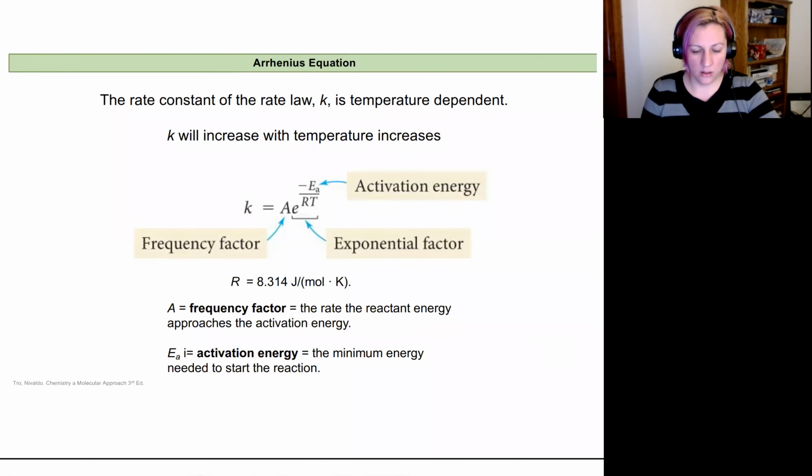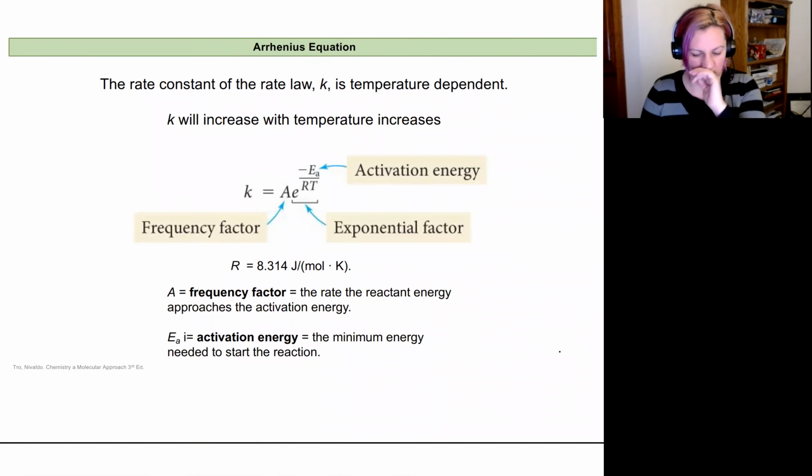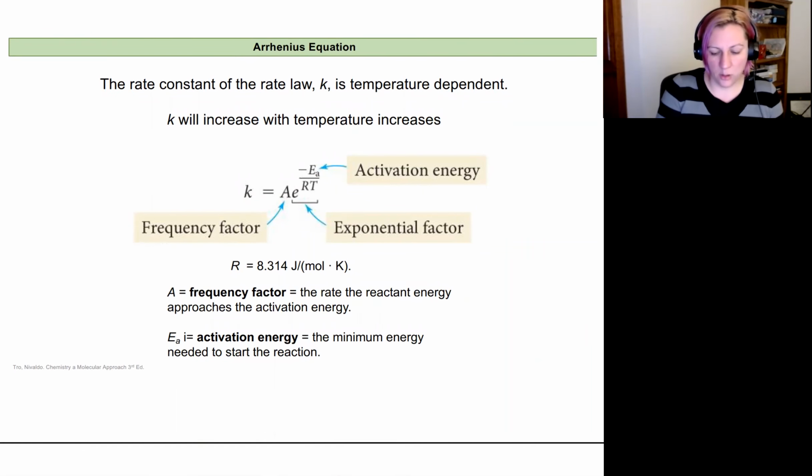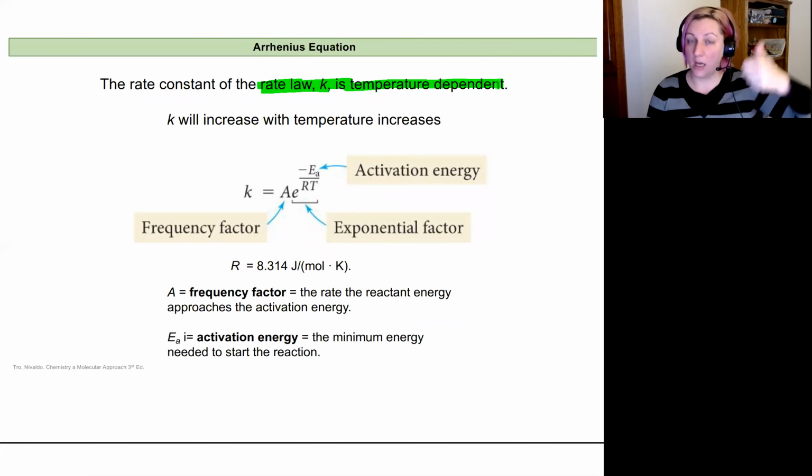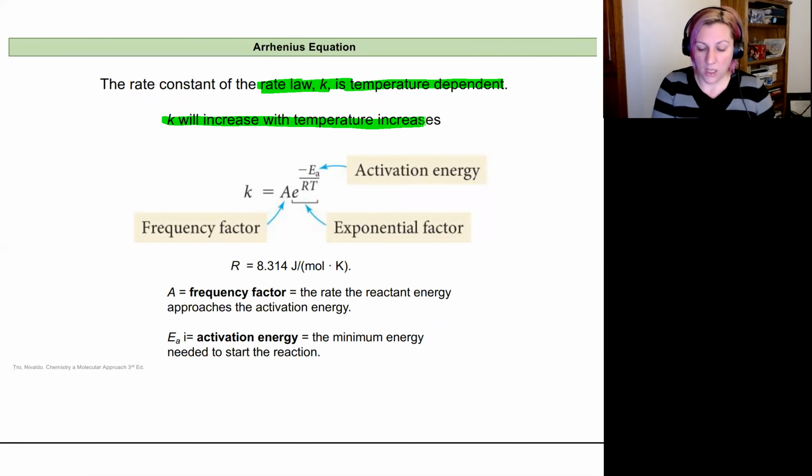So our rate constant, lowercase k from our rate law, we find is actually temperature dependent. And so we see this temperature dependence play out in k rather than in concentration. And so it's going to increase as temperature increases. So here's actually what k equals.